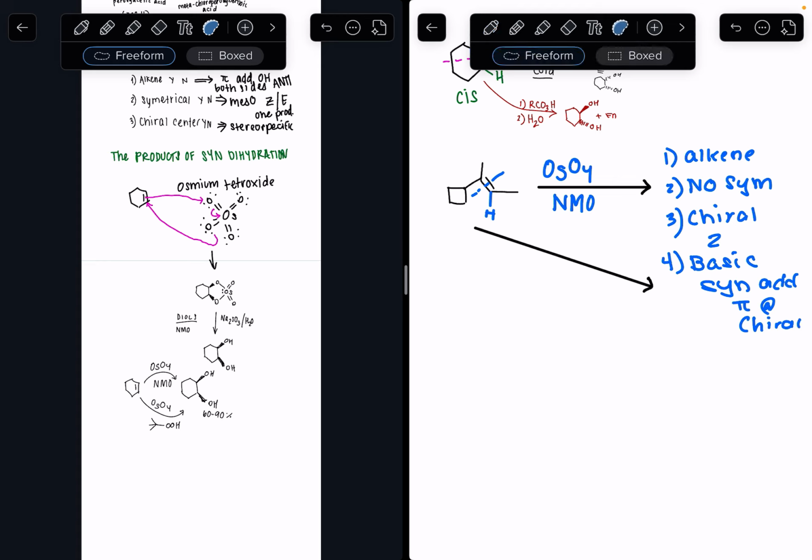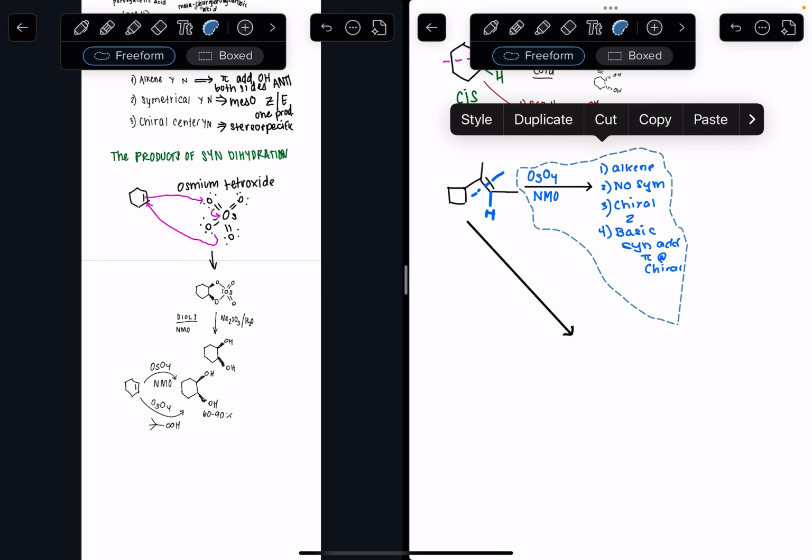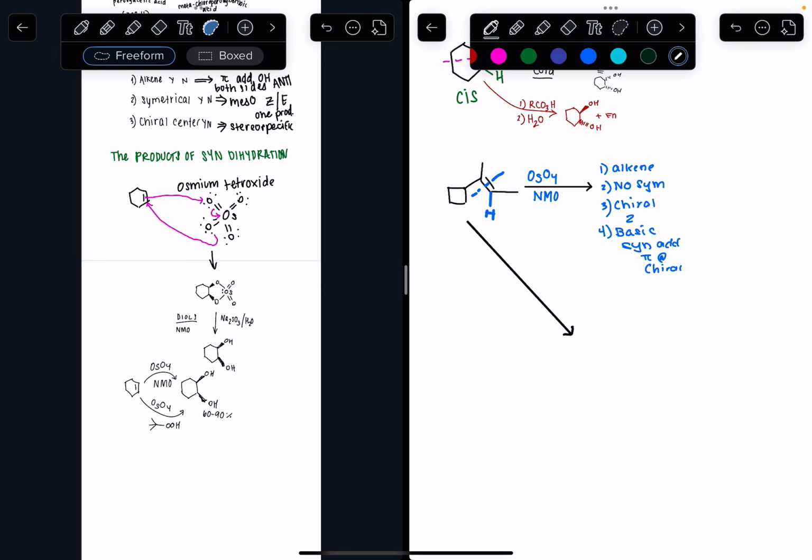All right, so knowing all of that, this is what I call just going through the general rules, so that way you can see a problem, solve a problem.